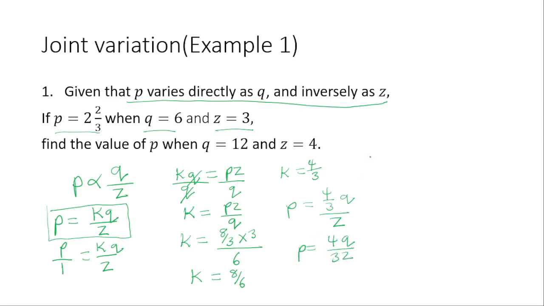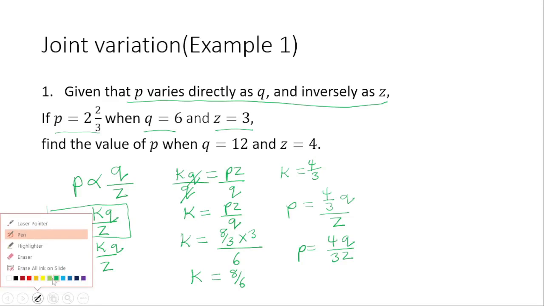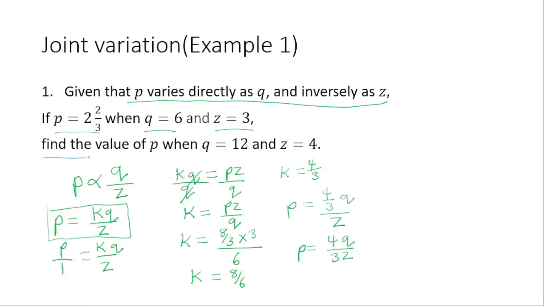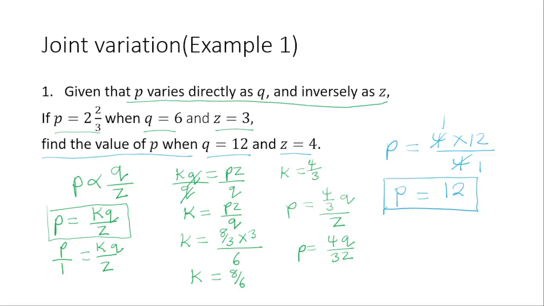Now we get into the final part of this question, which wants us to find the value of P when Q is 12, Z is 4. So P will be equal to 4 multiplied by Q, which is 12, over 3 times Z, which is 4. 4 divided by 4 is 1, 1 times 12 is 12, 12 divided by 1 will be 12. So our P is equal to 12.